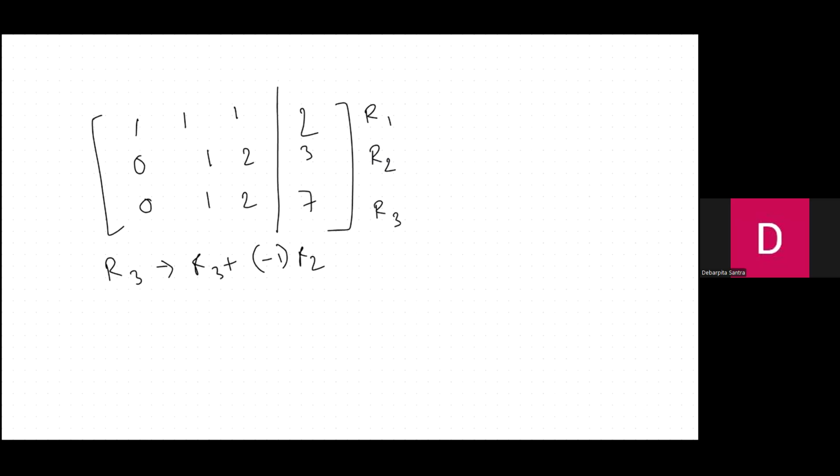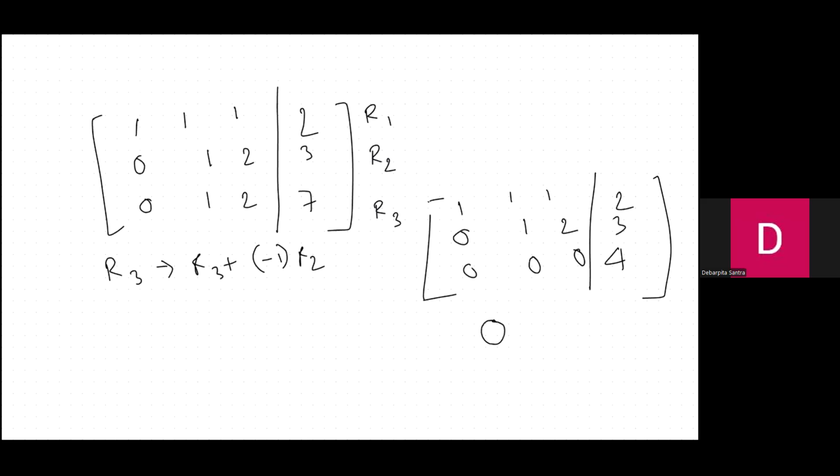After doing this operation, the matrix looks like this: 1, 1, 1, 2, 0, 1, 2, 3, 0, 0, 0, 4. Now you see, if this kind of matrix comes where in any row the coefficient values are 0 but the right side is not, then we cannot find any solution of this matrix or of these equations, because that is inconsistent, which actually implies 0 is equal to 4.